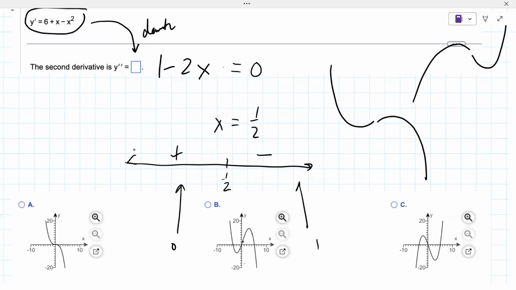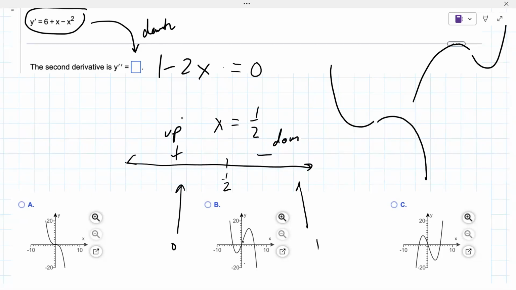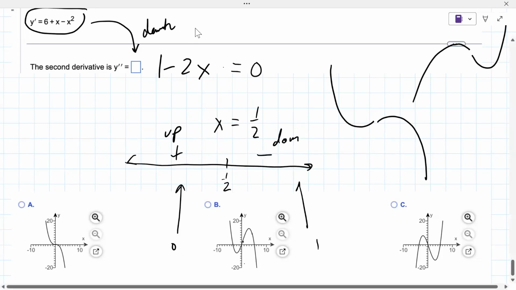There you go. It's concave up when it's positive, and concave down when it's negative. Is that okay? Yeah.